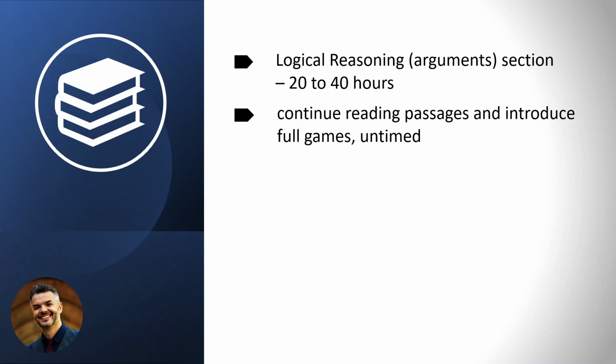And then in addition to reading comp, you're also going to introduce doing full games but untimed. So this way, what you're doing is you're actually working on everything as you're moving forward. You get a foundation of the reading comp, you're reading passages and as you're doing games, and then the same thing with the games, you get a foundation of that, you move on to doing full games, but untimed, that's important. You want to do untimed games as you're learning the arguments.